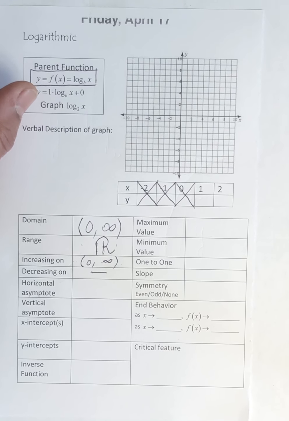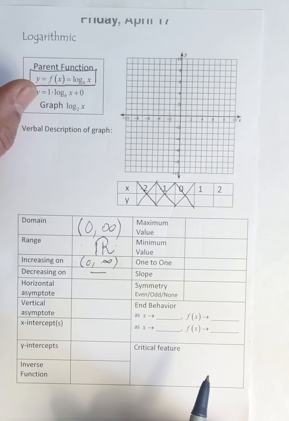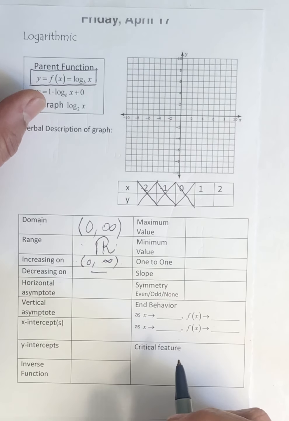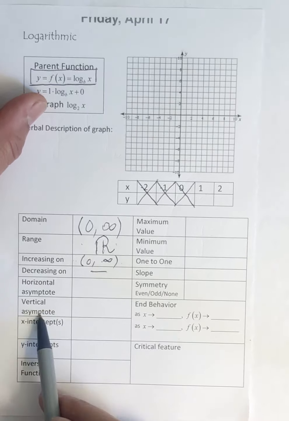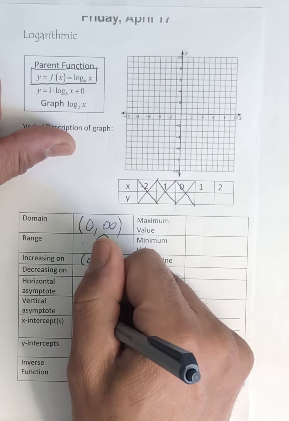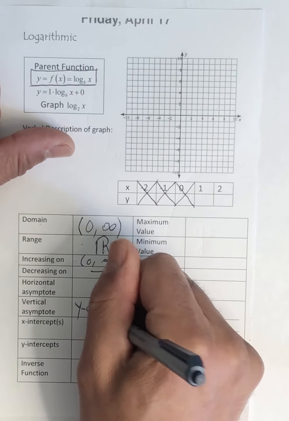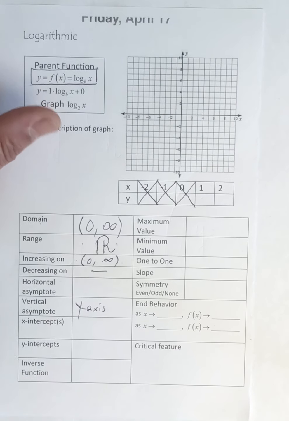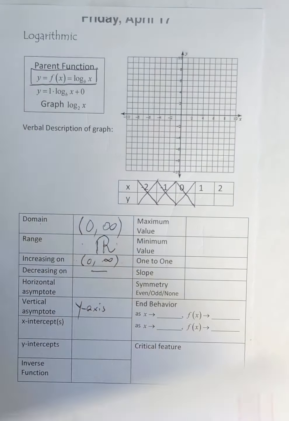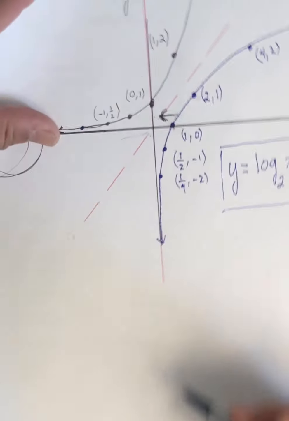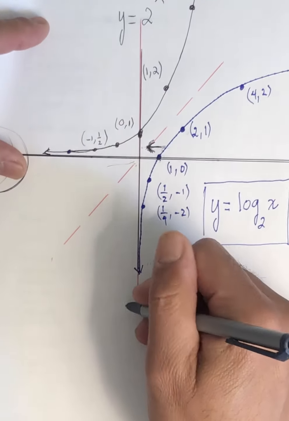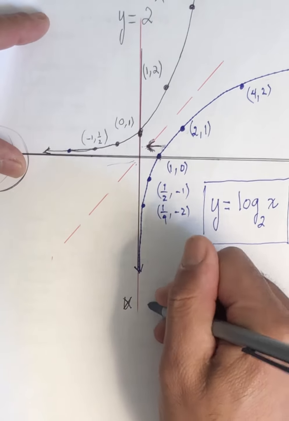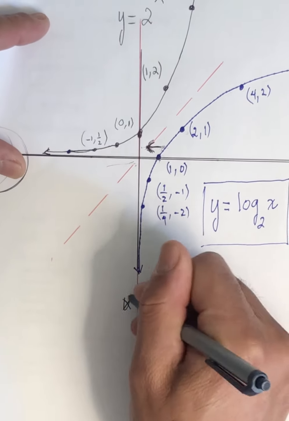Right. The exponential function had a horizontal asymptote. The logarithmic function has a vertical asymptote. The y-axis is that asymptote. Now, again, we can just write y-axis, or we can write the equation of this axis, which is x is equal to 0.